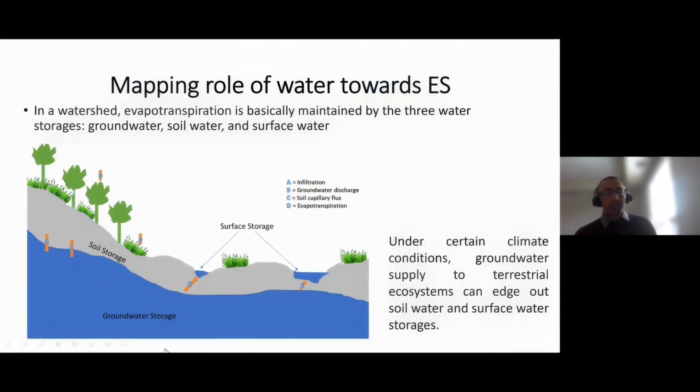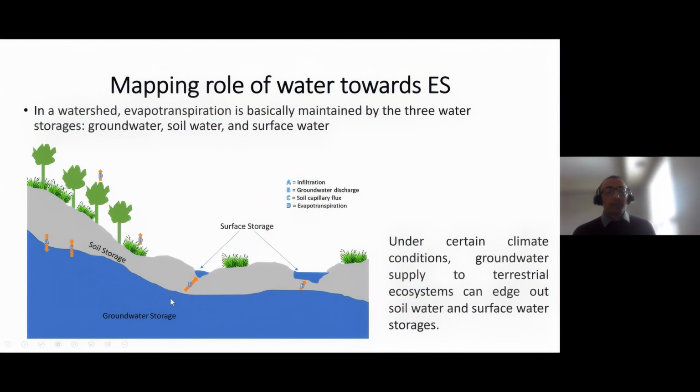So for this one, it takes water from three water storages: the surface storage, soil storage, and the subsurface storage. So if we want to map ET, we should be able to map all these fluxes which are taking place in the water cycle.